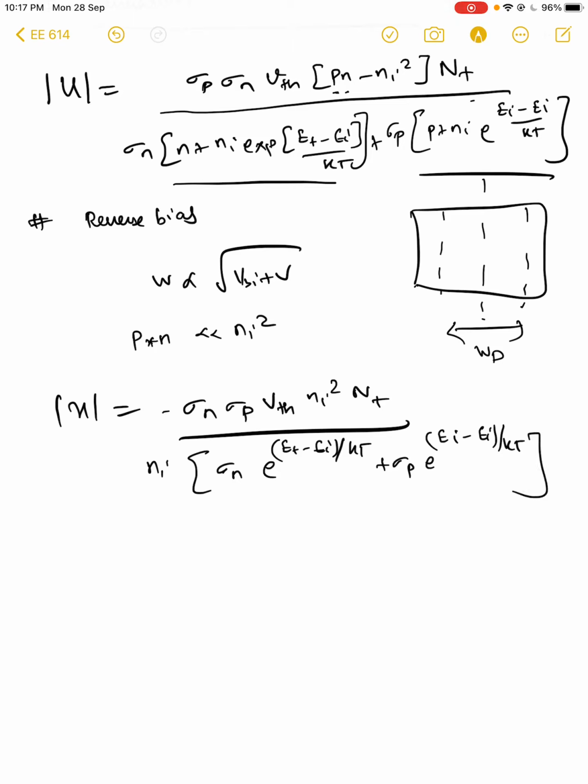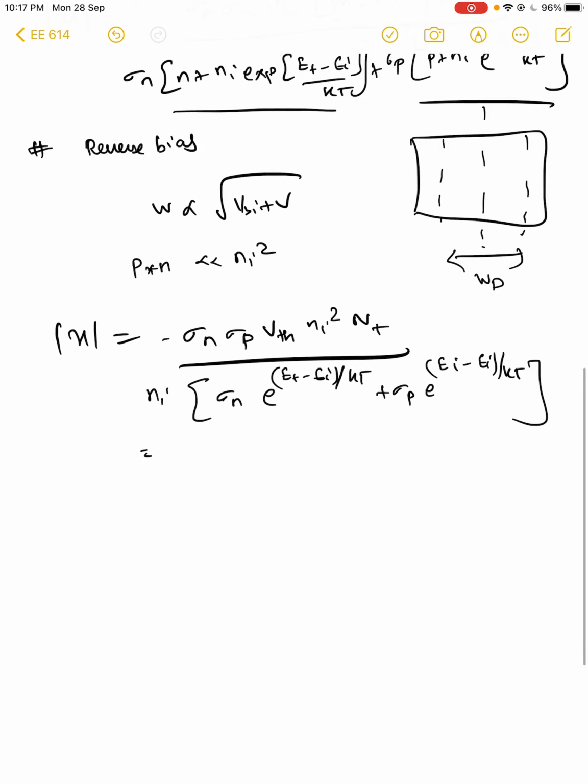You can simplify this much further by assuming that sigma n equals sigma p, and then you will have the maximum recombination at Et equal to Ei. Under all these conditions, it becomes much simpler.